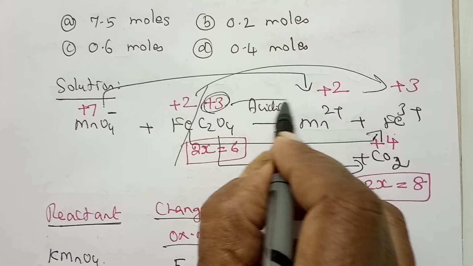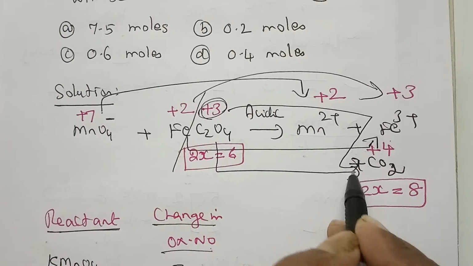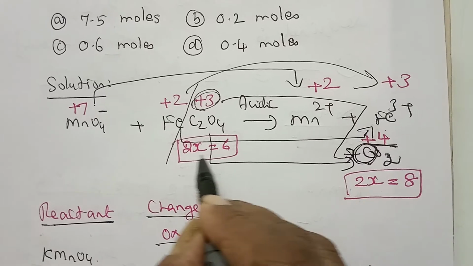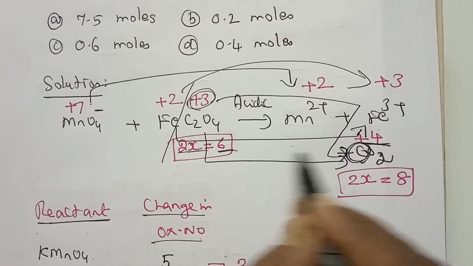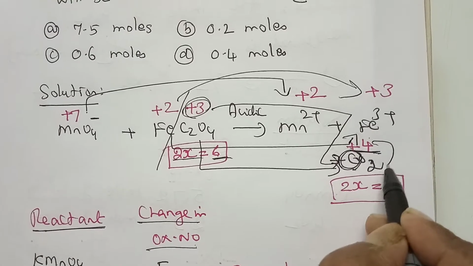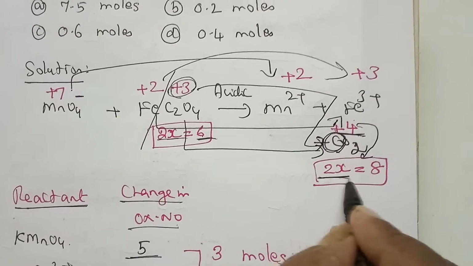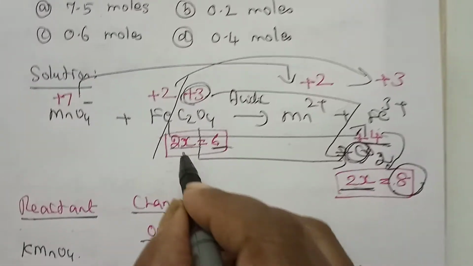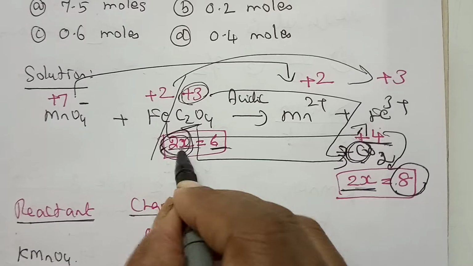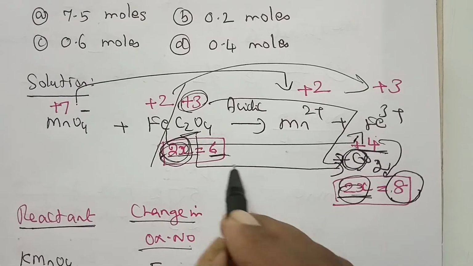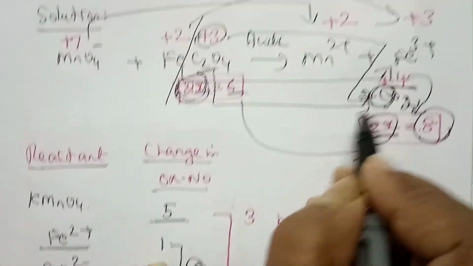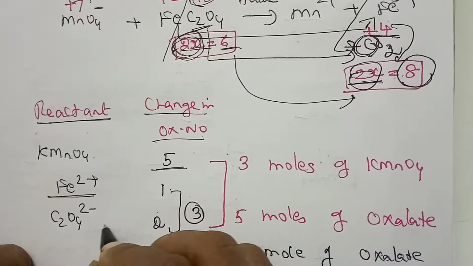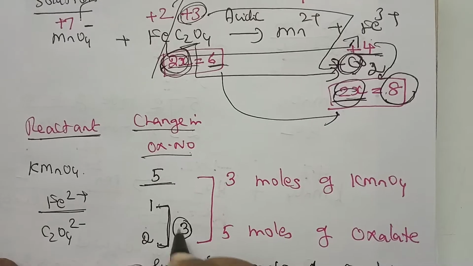It is oxidized to carbon dioxide, where the oxidation state of carbon is +4. So 2x is equal to 8, since it is for 2 atoms. Now the difference from 6 to 8 is 2. So for ferrous it is 1, for oxalate 2. Together it is 3.